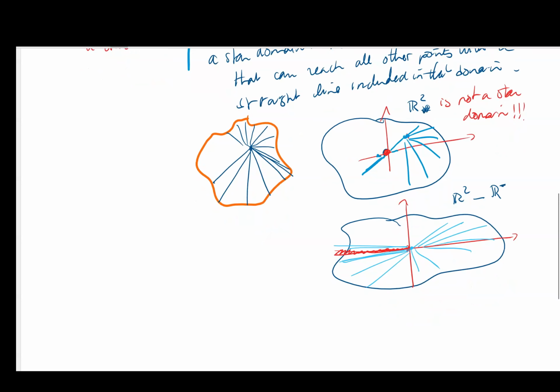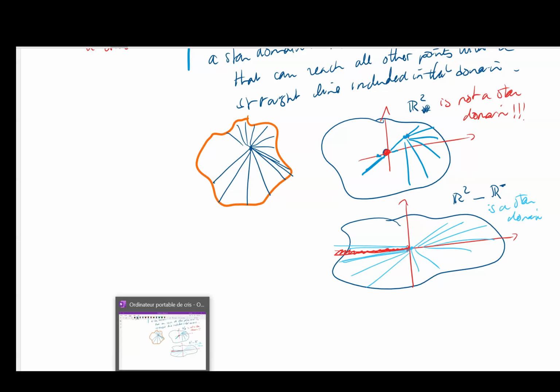So that is okay. This is a star domain. Okay, and basically these are the examples that you have to keep in mind. If you have a hole in it, like R2 star, this is not going to work. Okay, that is not going to work, right?